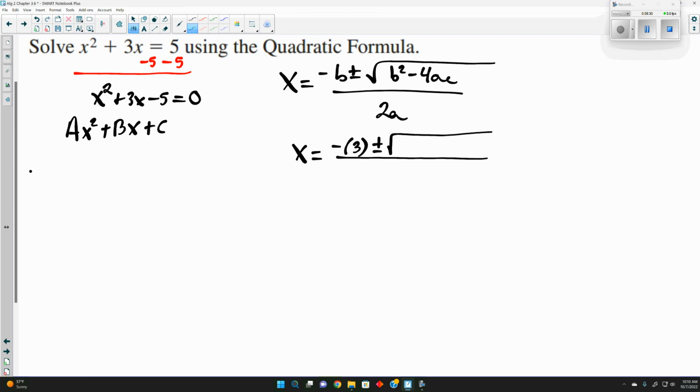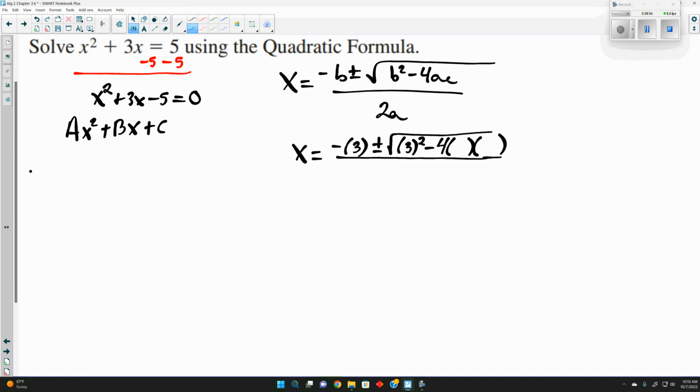So when we start writing this, the first thing we have is negative b. So we put negative parentheses 3 close parentheses. Stick the value of b in there. We would take the sign with it. Since it was plus 3, it's positive 3. Inside the square root, we have b squared, which is 3 squared, minus 4 times a.